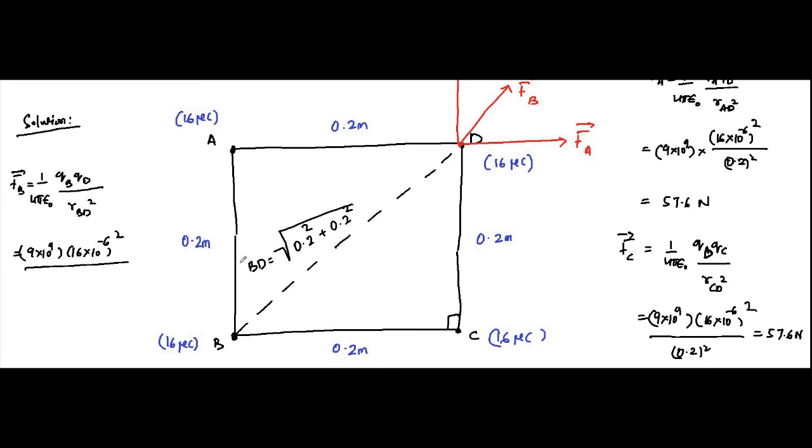RBD is this distance, 0.2 whole square plus 0.2 whole square, root over, that whole square. So this value is coming around 28.8 Newton. Please be careful with these calculations. There are a lot of calculations, and it is very easy to make mistakes because it gets tiring to put in the same values. One small mistake and the whole solution will be wrong.